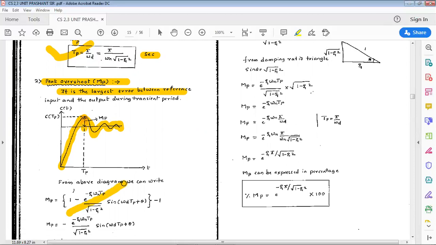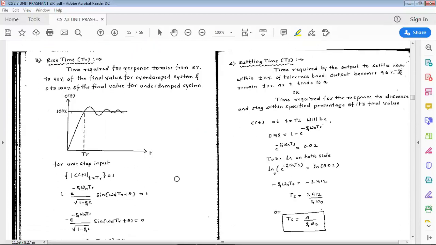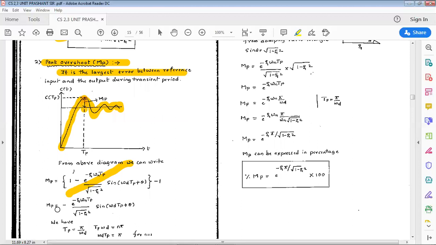So c of t minus 1 results in Mp. Now, substituting, the plus 1 and minus 1 will get cancelled. The only term left is minus e raised to minus zeta omega n tp divided by under root 1 minus zeta square, times sine of omega d tp plus theta.